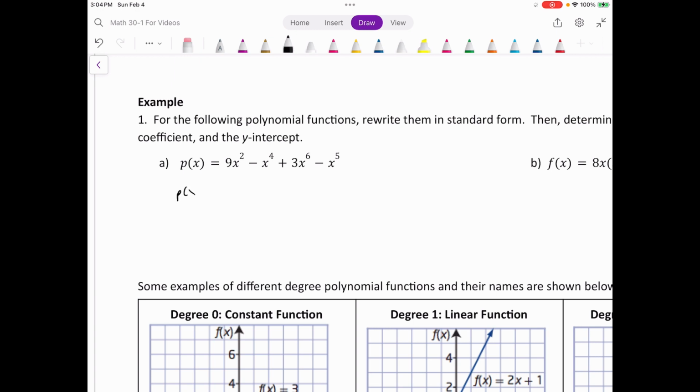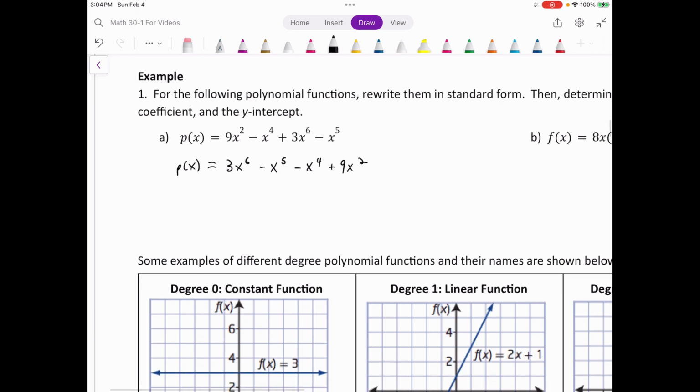In standard form, we would have p of x equals 3x to the 6th. It looks like the next highest one is this x to the 5th power, so a negative x to the 5th term. Then we've got that x to the 4th, so minus x to the 4th. And finally, a positive 9x squared, right? And there we go. We've rewritten it in standard form.